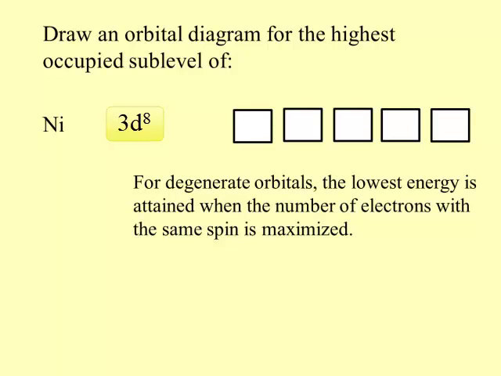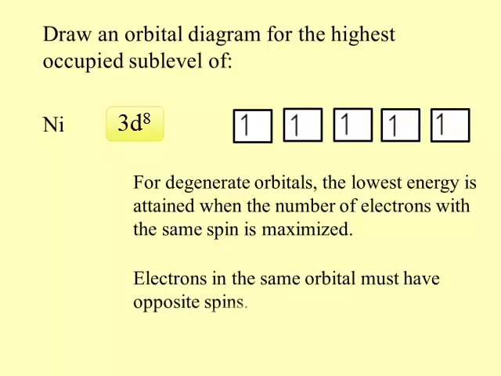Putting all that together means put electrons into separate orbitals drawn with the same spin for as long as possible. When each orbital has 1 electron in it, then you have to show electrons paired. Remember that the previous slide said that electrons in the same orbital must have opposite spins. The second electron in each box must be drawn oppositely.